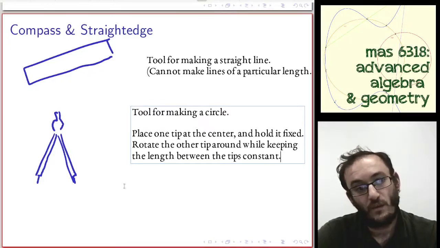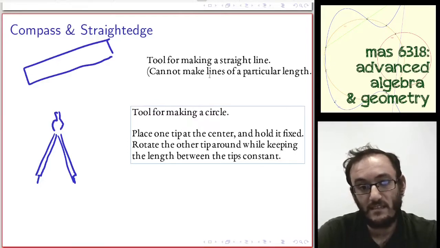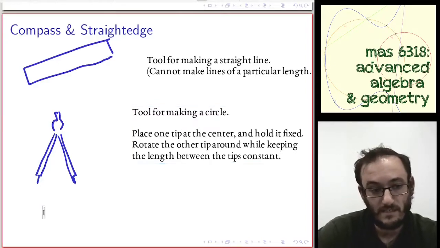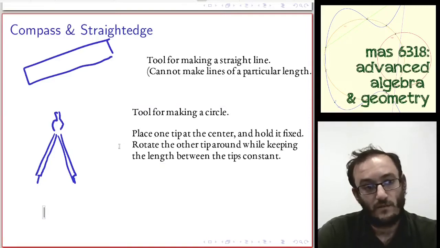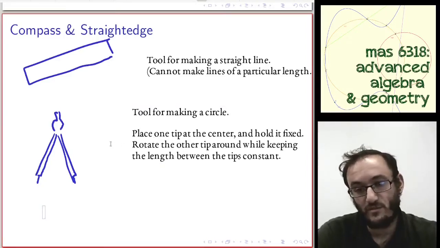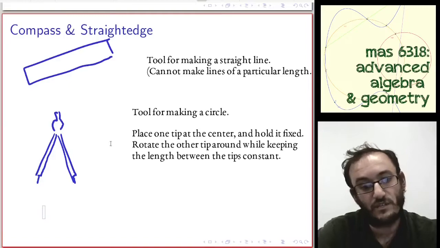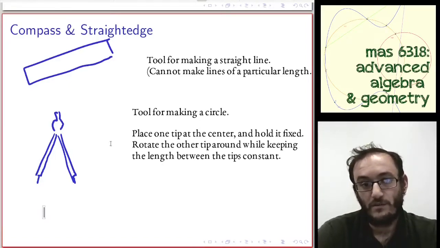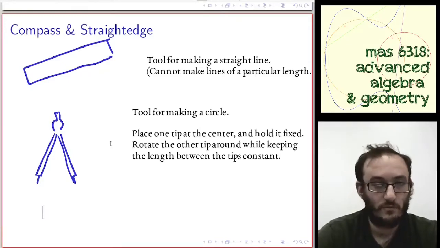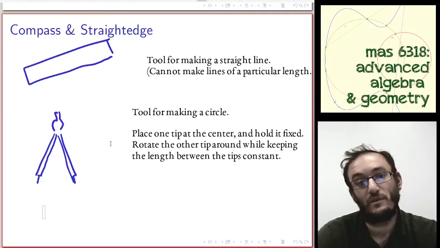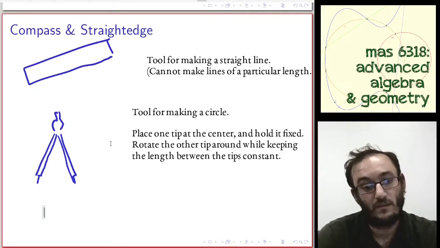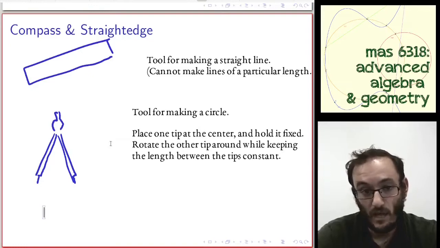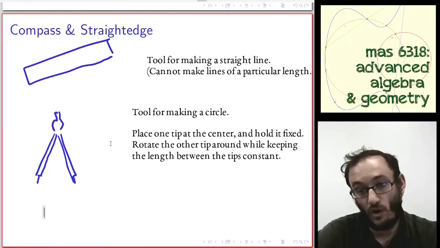The reason that these are important for us is that these were thought to be the most reliable tools in ancient Greece. These are tools for making circles and lines. Let's say you have a pair of points, then you can make a line between them, and you can also make a circle where one is the center and the other is on the circle.